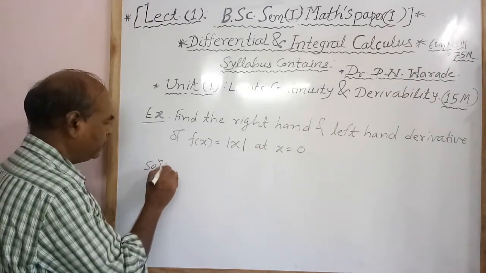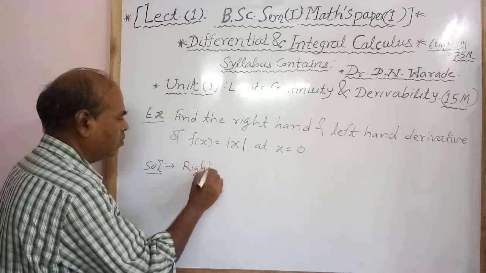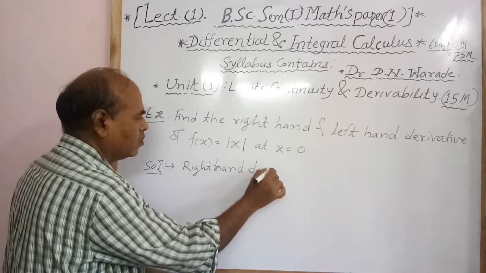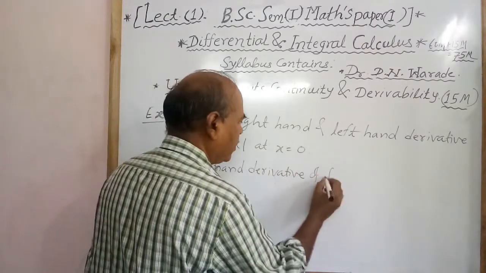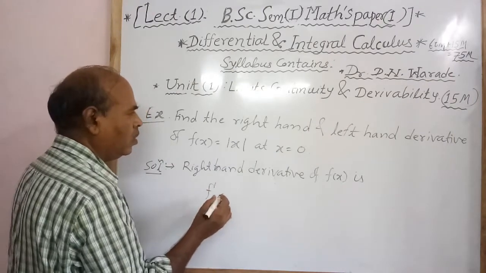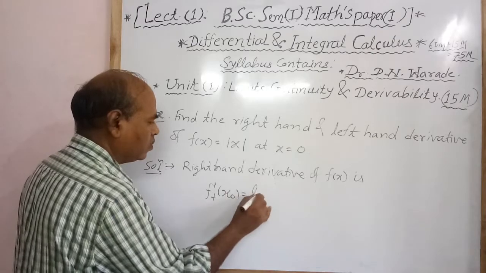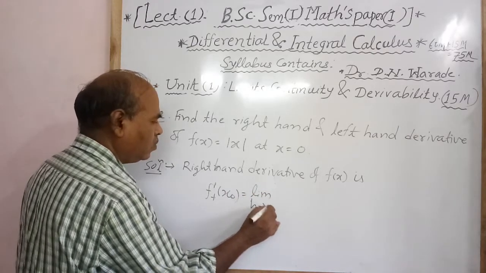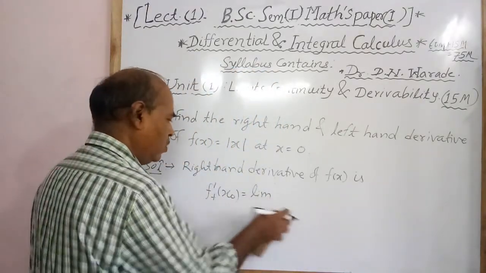Solution. Right hand derivative of f of x is f dash of x0 plus equal to limit h tending to 0 plus. Where is the definition?